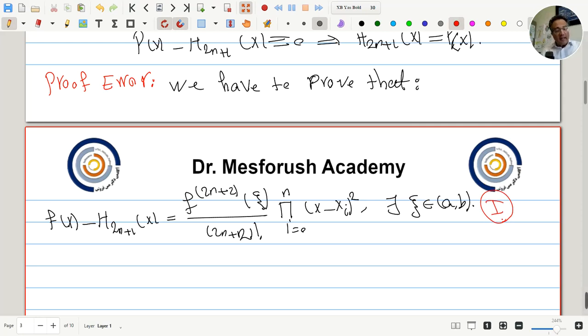It's clear that if x be every x_i point, f(x_i) minus H_{2n+1}(x_i), the left hand side will be 0, and also the right hand side will be 0 because of the existence of term x minus x_i. If you put x_i instead of x, this term will be 0, and because this is a multiplication of some parentheses, all of this term will be 0, and 0 equal to 0 happened.